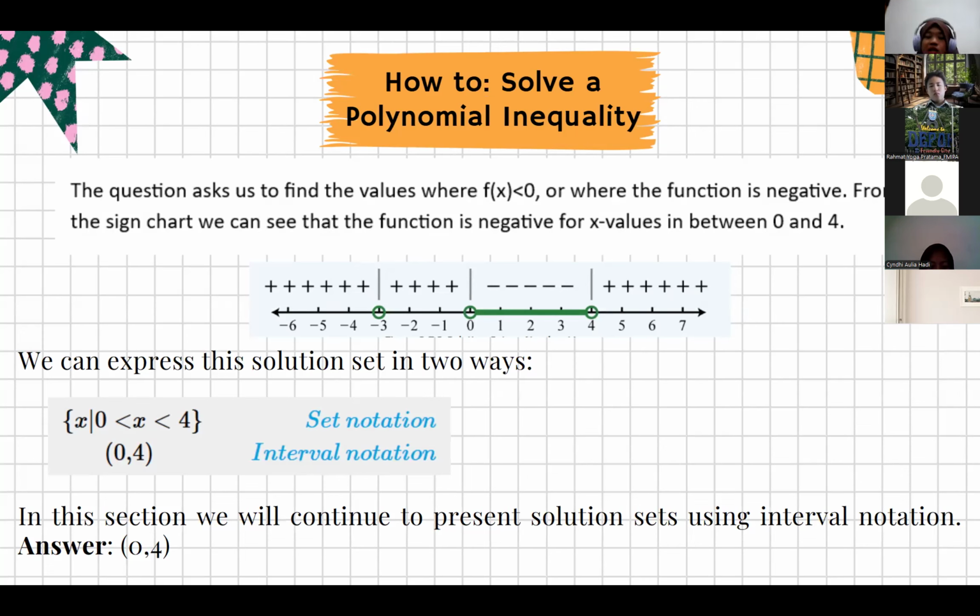The first one is open curly bracket x such that x is greater than 0 and x less than 4, close curly bracket. The second one is interval notation, which is open brackets 0 to 4, close brackets. Okay, next, please.